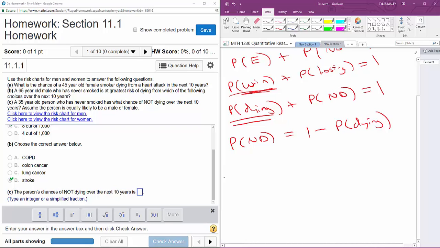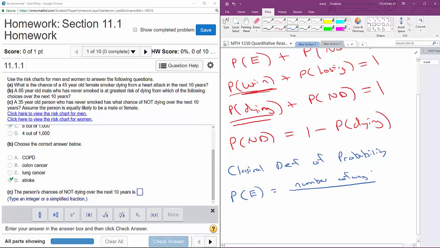Another thing that we need to note is what we call the classical definition of probability. And that is the probability of E is equal to the number of ways E can occur divided by the total number of possible outcomes.